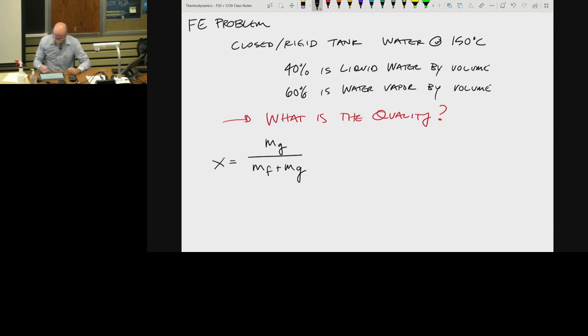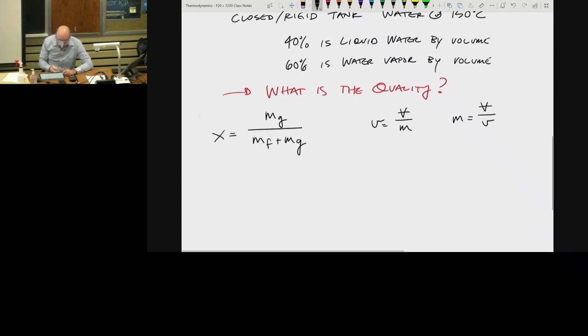Okay, and so we know that specific volume is the overall volume over the mass. That's what we know. So we know mass is equal to volume over specific volume. So we can take this idea of what mass is, and now we can go back into our quality equation and replace masses with volumes.